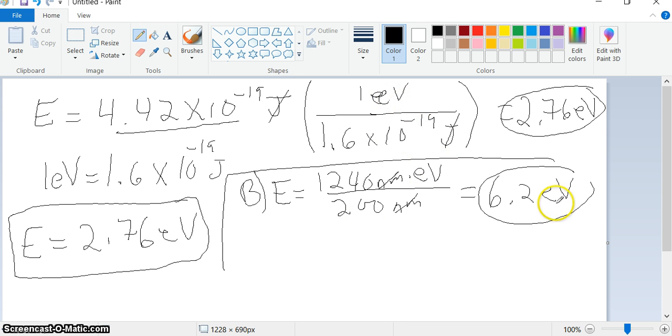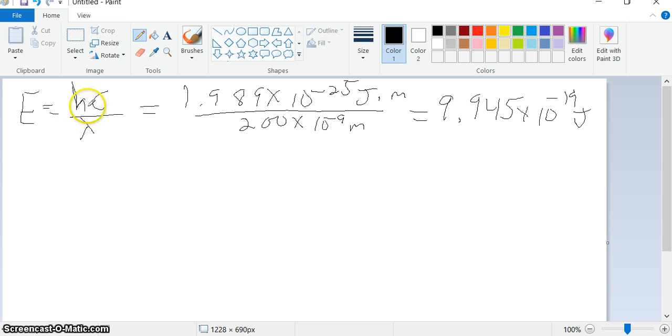Now we could even convert this to joules, or we could do it the other way, and in fact, let me set that up, using the other version of h times c. These are just different units.